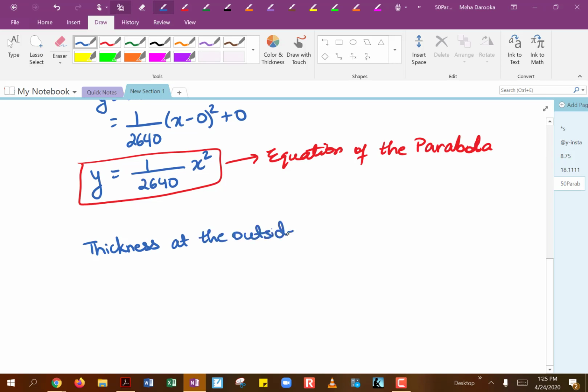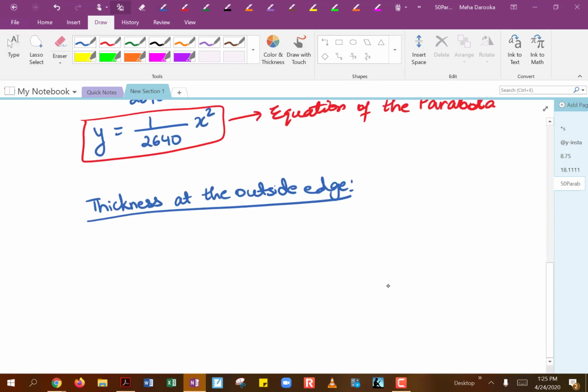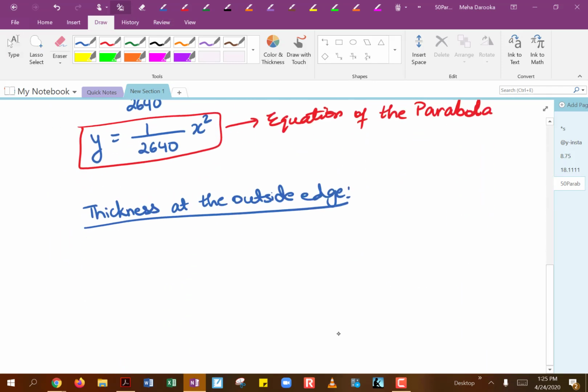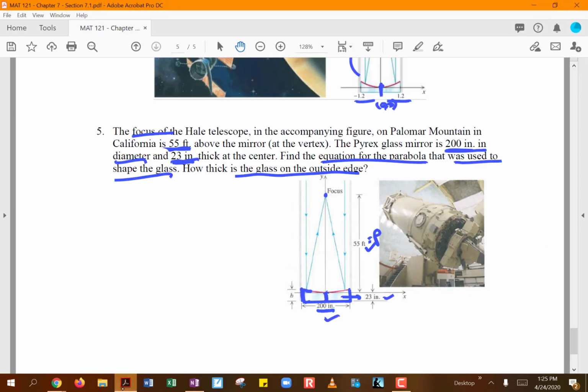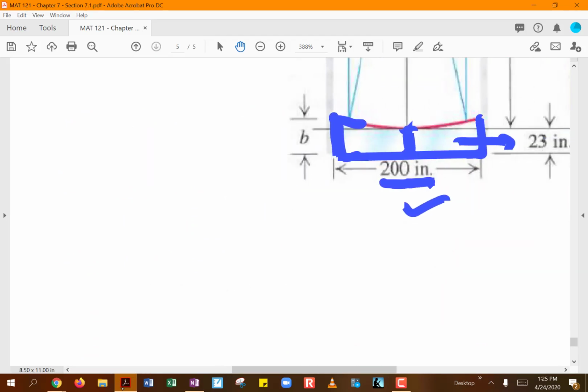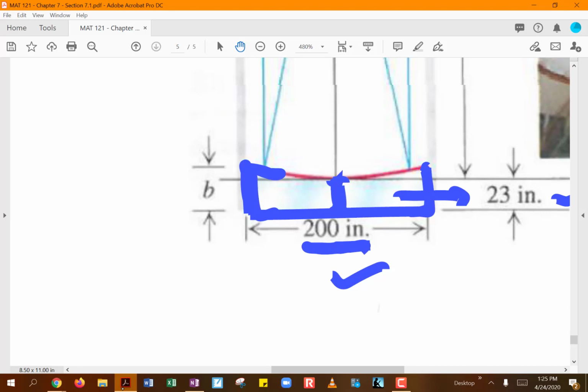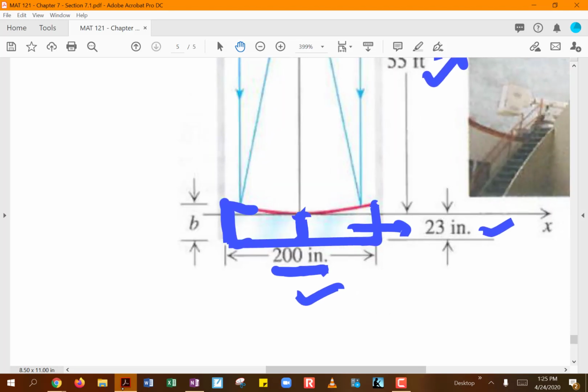Okay, so that's the thickness at the outside edge of our mirror. Let me go back to, let's actually go back to this guy over here. I'm going to go ahead and clear out all of these lines that I drew.